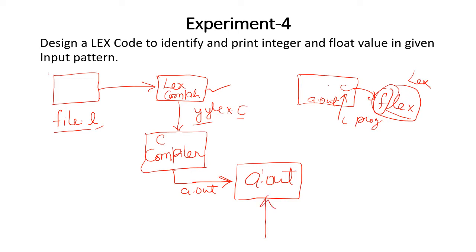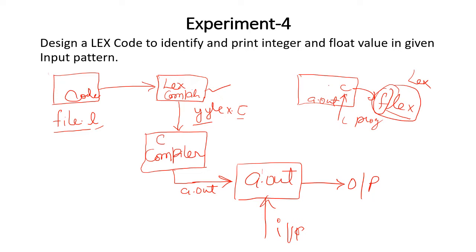When we run it, we'll provide the input to this file. Once we provide input to this file, after getting the input, it will process this input to the output. This is basically the entire procedure from a lex code to output.